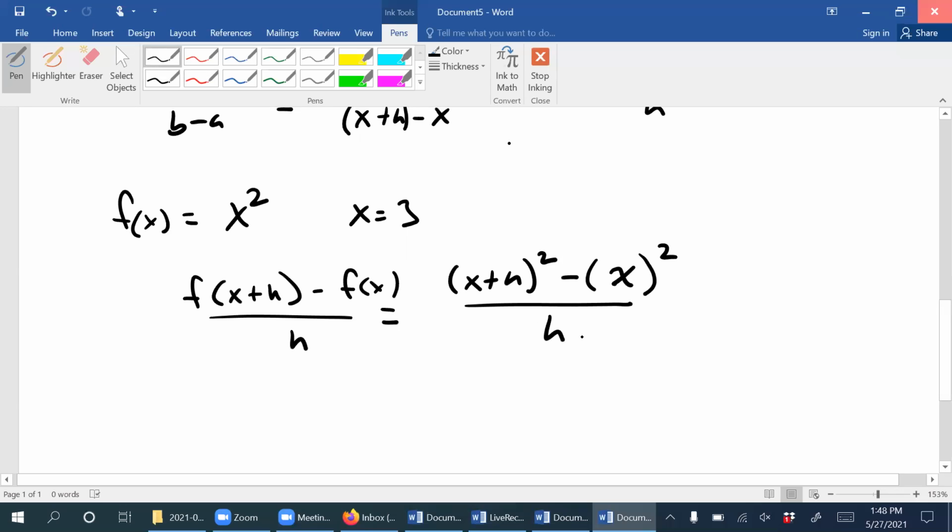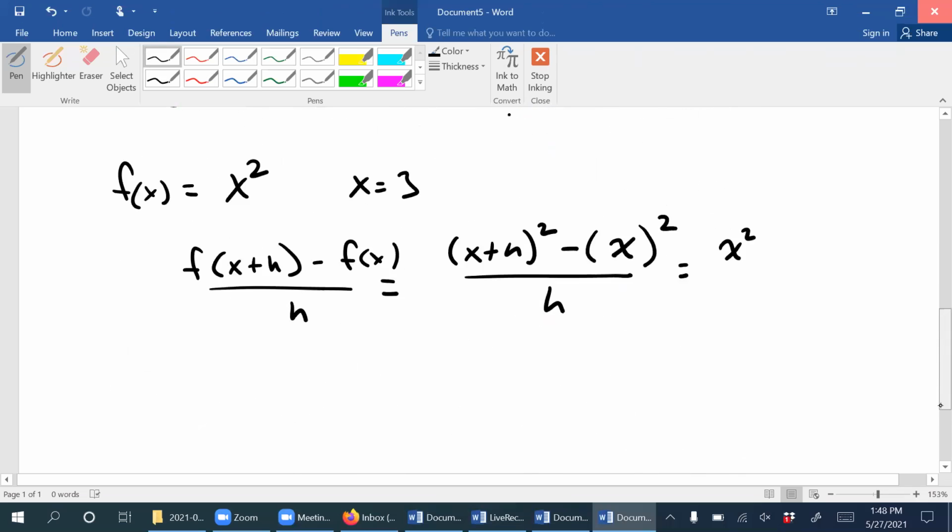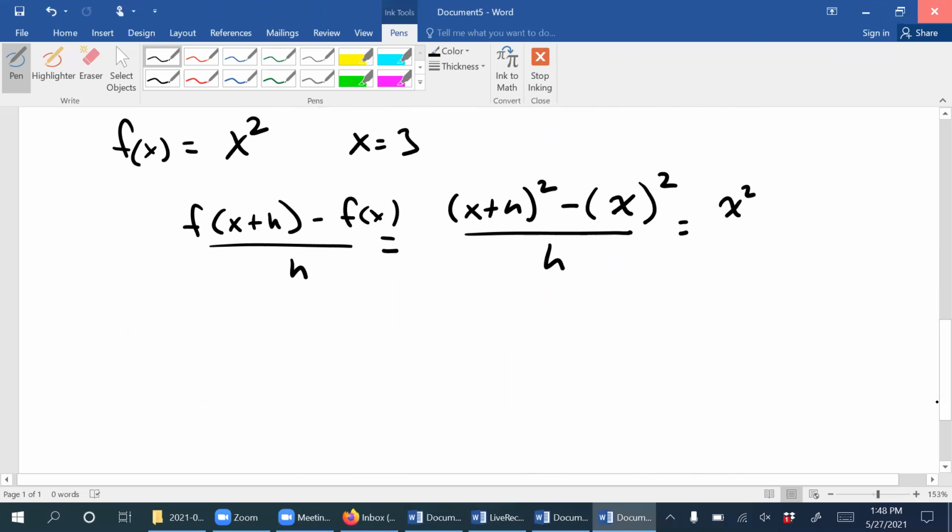And you remember in the IXL, when you multiply this out, you end up with x squared plus 2xh plus h squared minus x squared all over h.